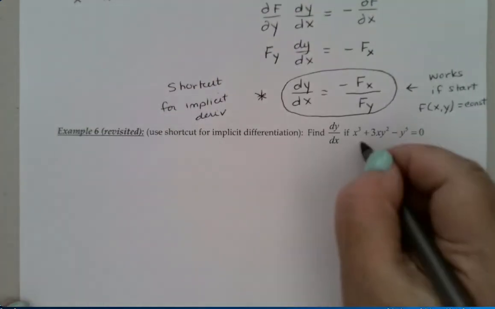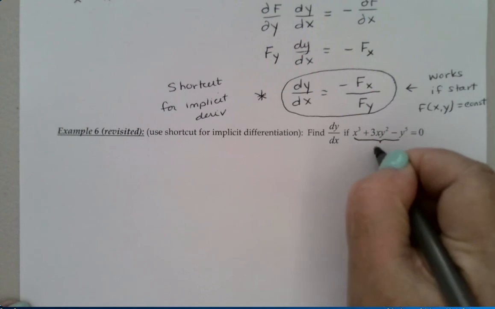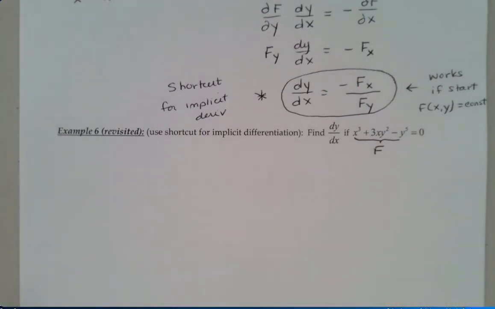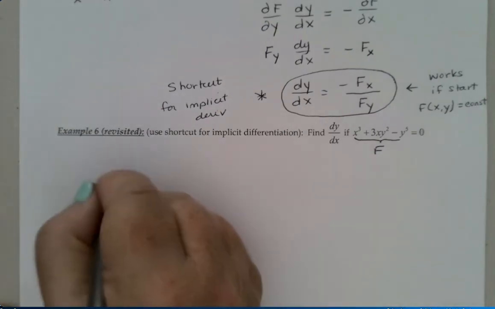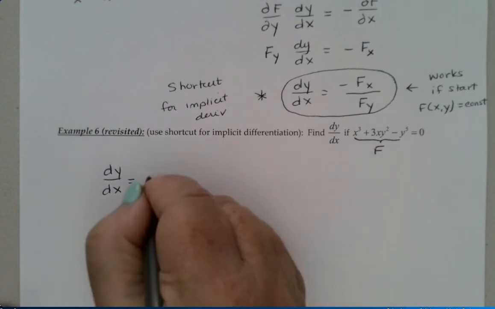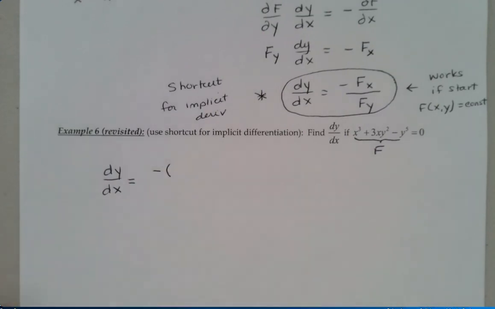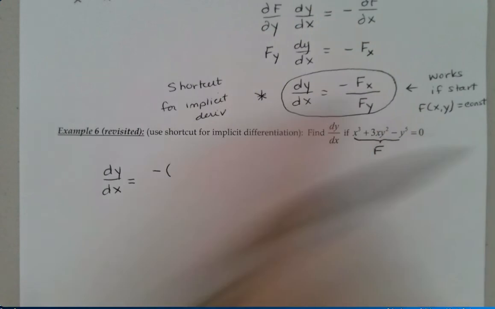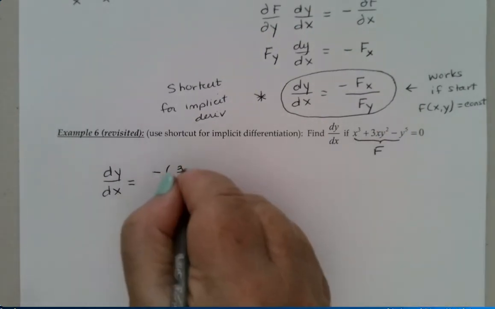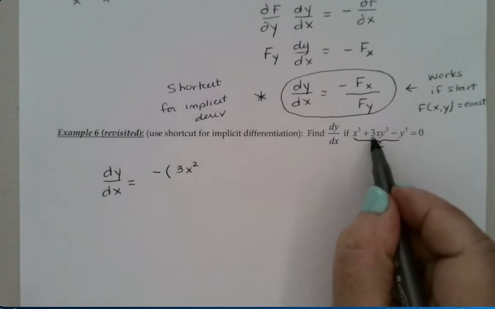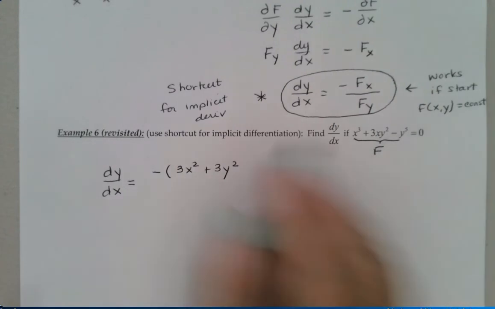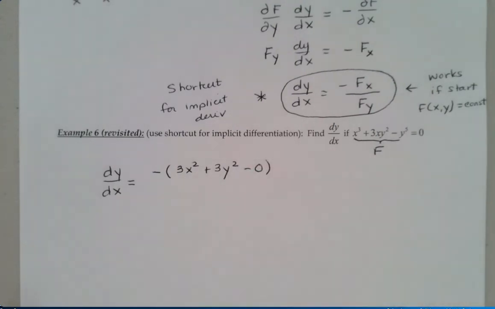We're going to say, well, this is my capital F. It's already equal to a constant, so no worries there. And according to this nice formula, I now can say that dy dx is minus, and then I have the partial derivative of f with respect to x, that would be 3x squared plus 3y squared minus 0 with respect to x there.